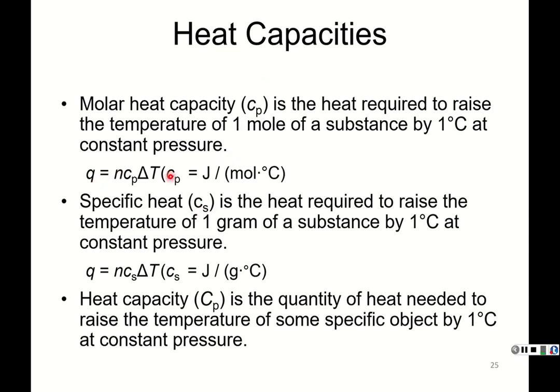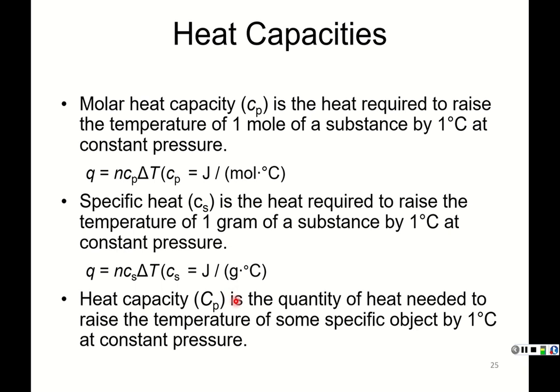In the equation for heat, Q equals n times the heat capacity times delta T. These are used interchangeably depending on what units you're using. So if n is in moles, we would use the molar heat capacity. If your n value is in mass, then you would just use the specific heat. But they're used identically.